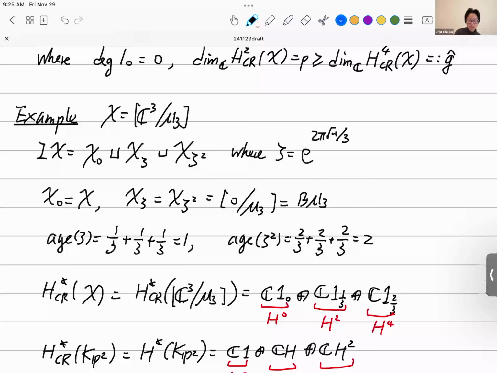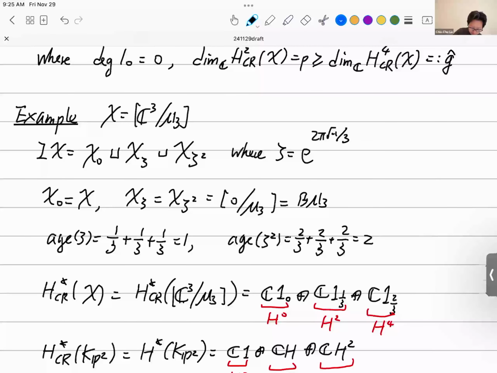This is not a very good notation, sorry, because at some point I use zeta as the Kähler parameter.